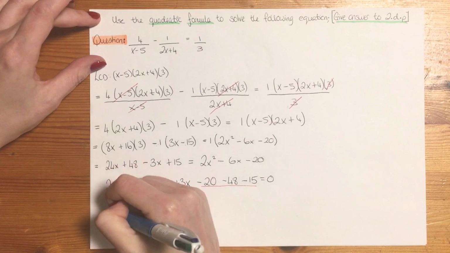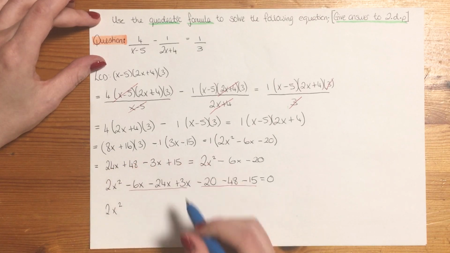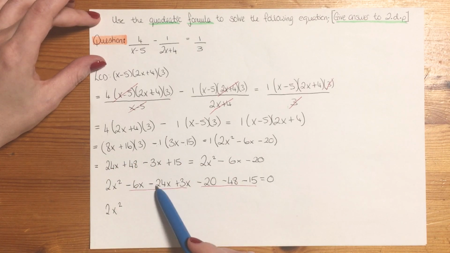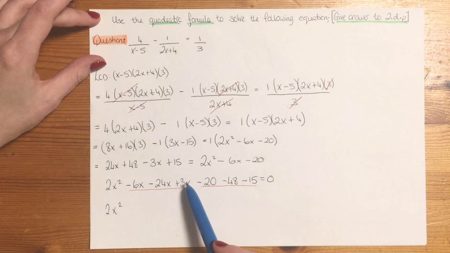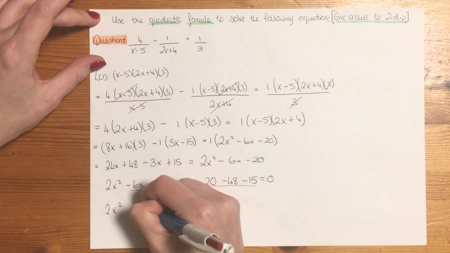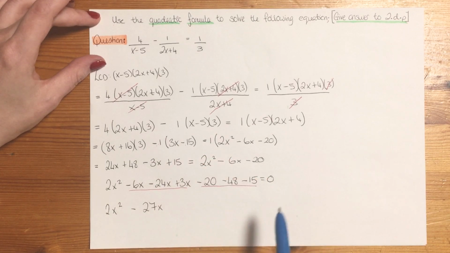So that leaves me with x squared. So minus 6 minus 24 is minus 30. Minus 30 plus 3 is minus 27x.